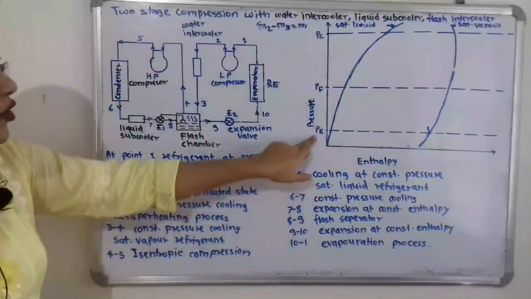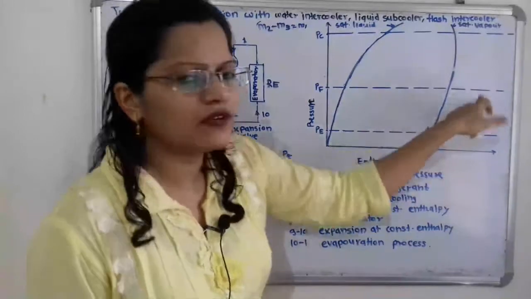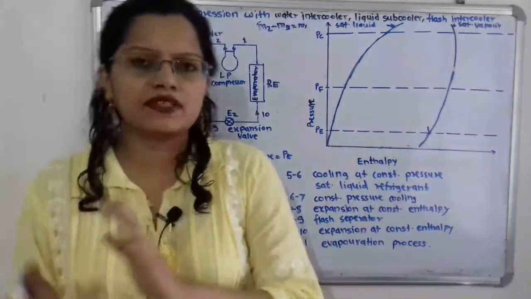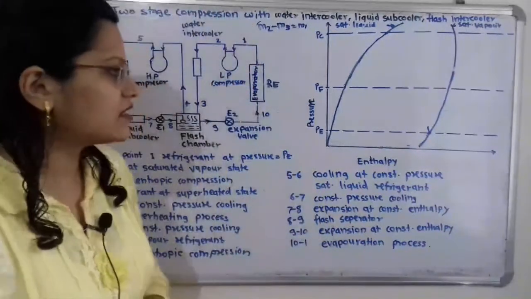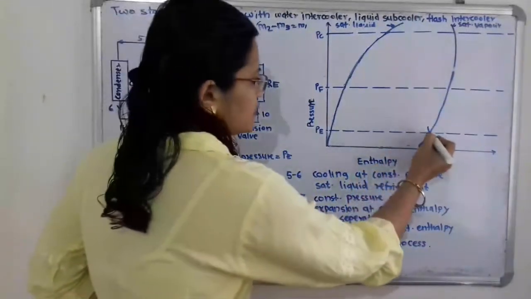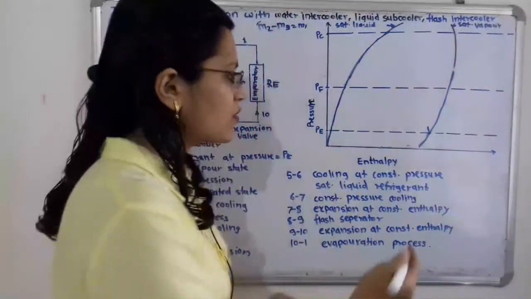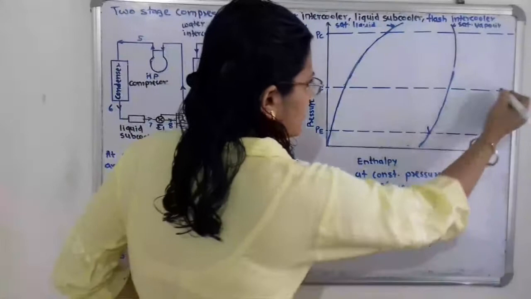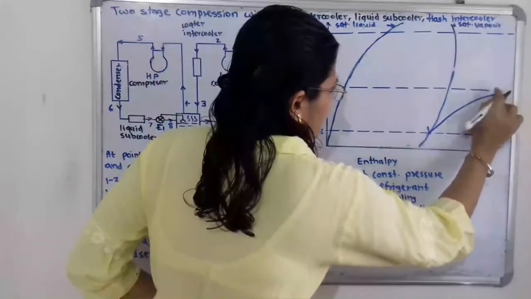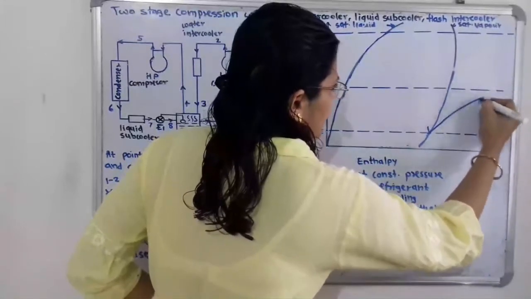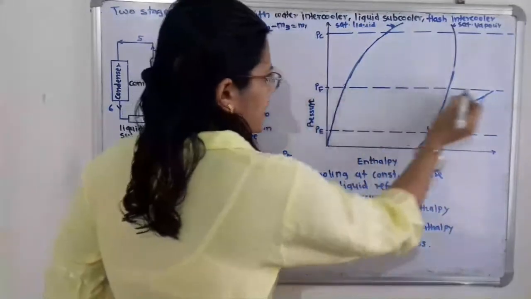So we have to show the compression process from point 1 to 2 with entropy remaining constant. How to show that? Let us first understand the entropy at this point 1. The entropy at point 1 will be S1 at the constant entropy line. So here is the constant entropy line, and we have to extend this line up to this pressure PF.